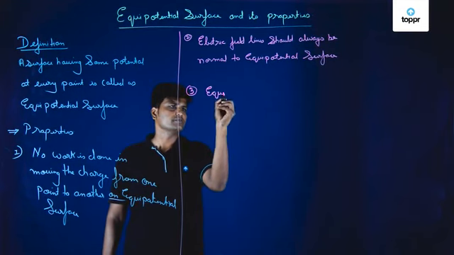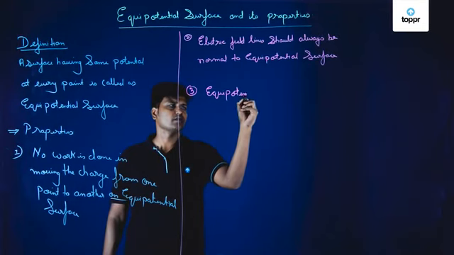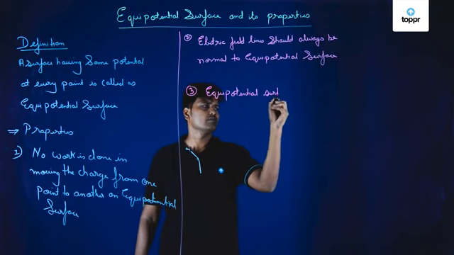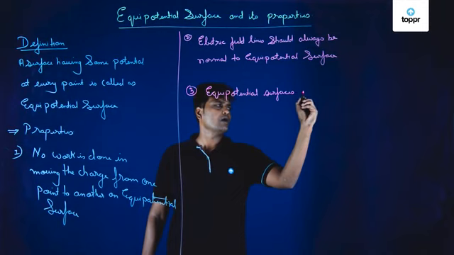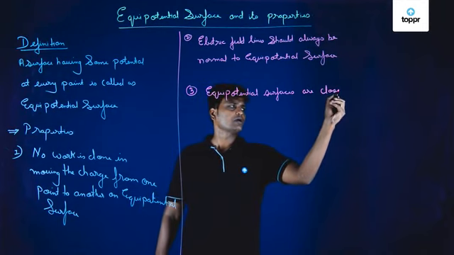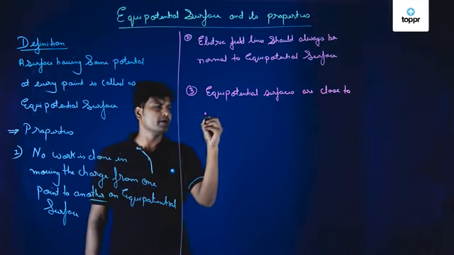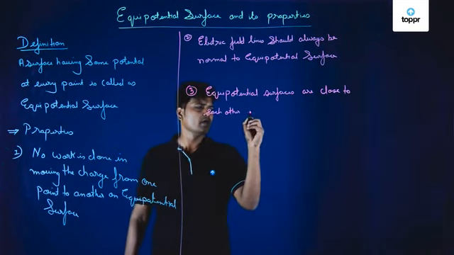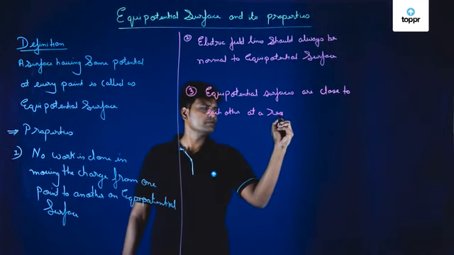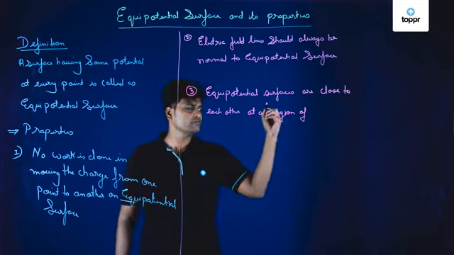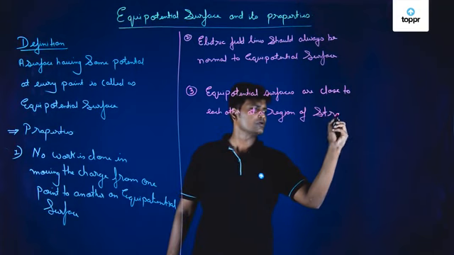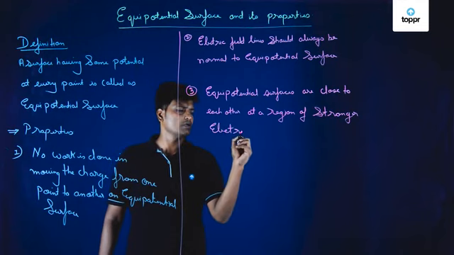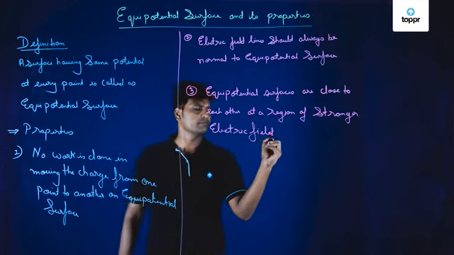Equipotential surfaces are close to each other at a region of stronger electric field and vice versa.